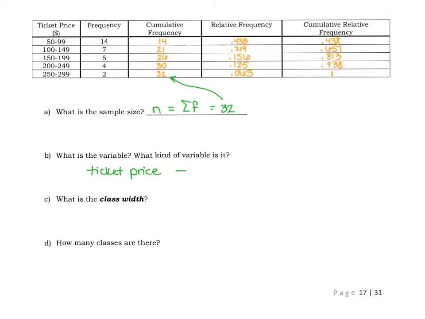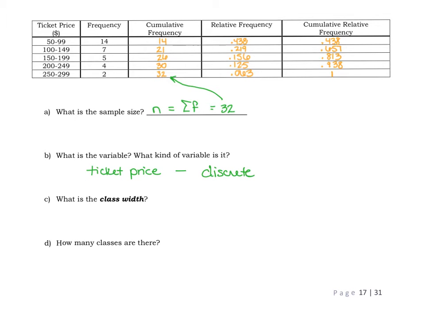Well, it's definitely not qualitative. Those are categories. This is about price. This is about money. And again, what do we do with money? We count money. So not only does it make it quantitative, but more specifically, it makes it discrete. Money is always discrete.